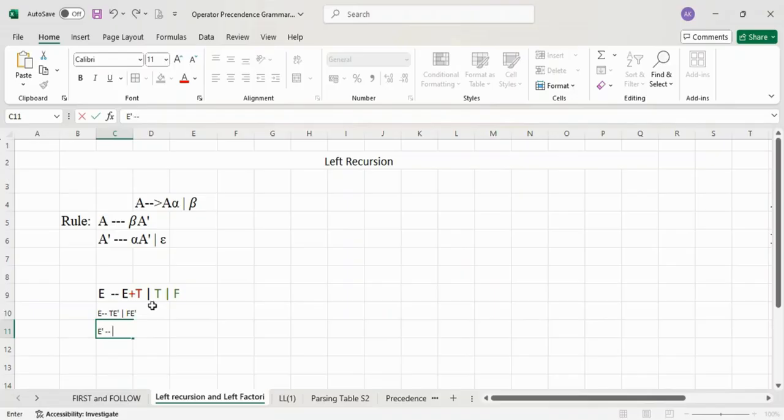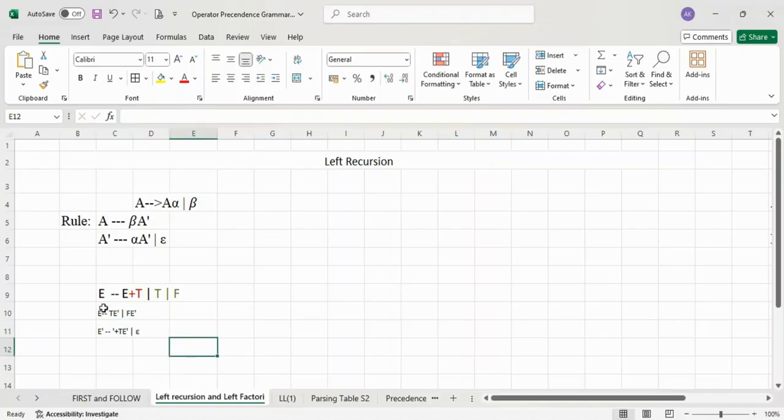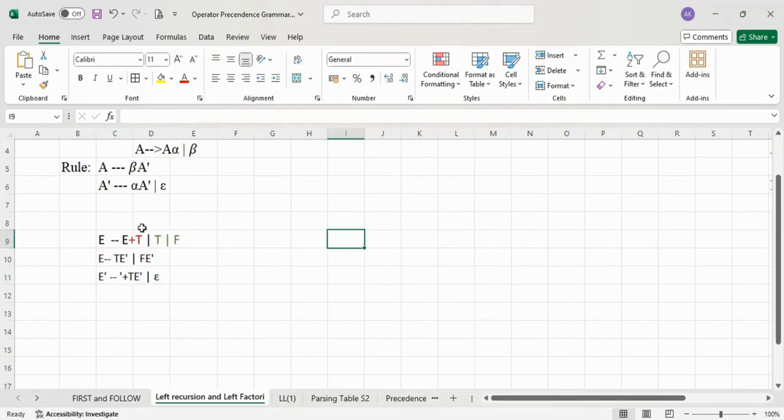So E dash gives alpha A dash. What is my alpha? My alpha is plus T. So I write plus T, which is my alpha. Then I write E dash, and to that I will add epsilon. So this is how my left recursion is removed. Just to make it appear properly, I have increased the font size.